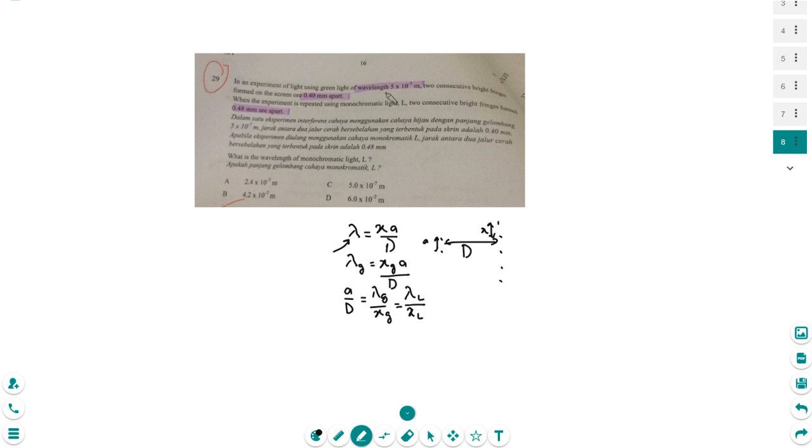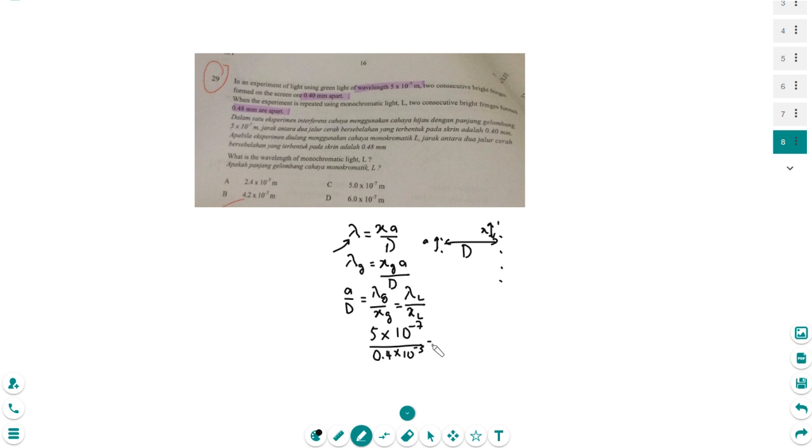We have the wavelength of the green light is 5 times 10 to the power of -7, divided by x G. That means the distance between the two fringes is 0.4 mm, so that's 0.4 times 10 to the power of -3.